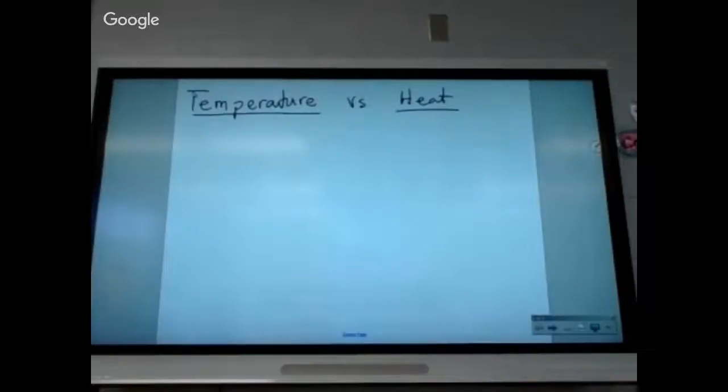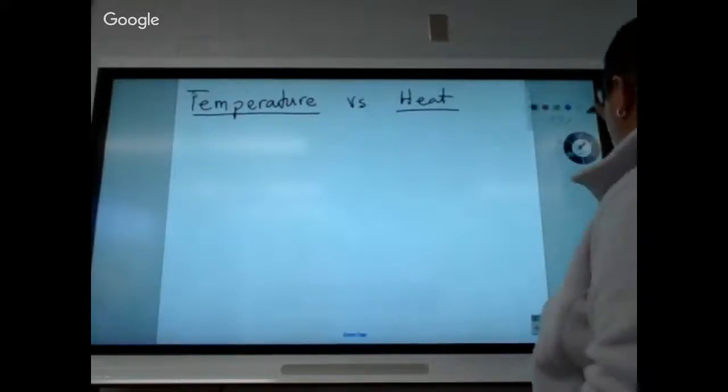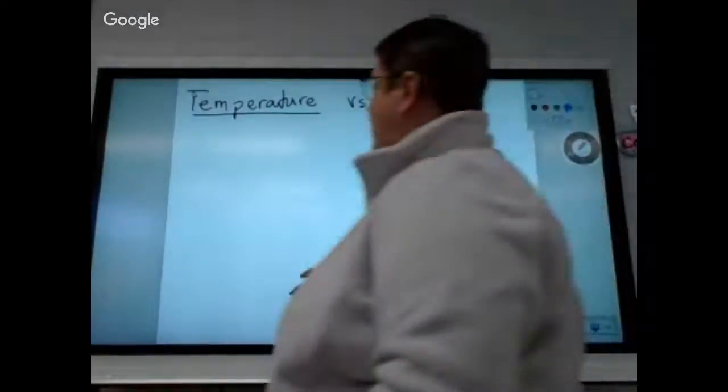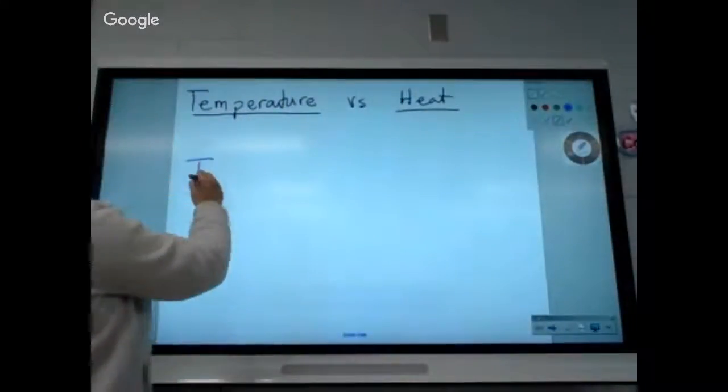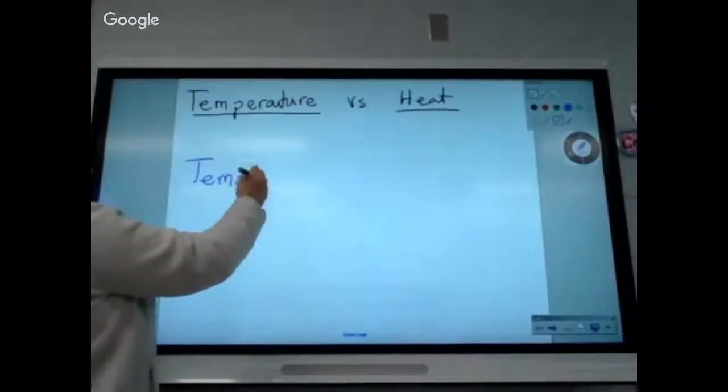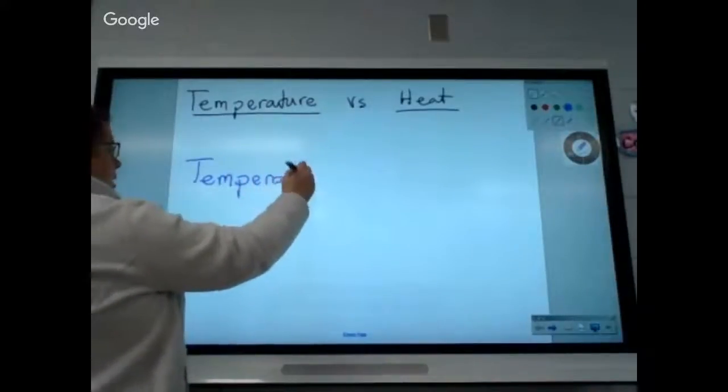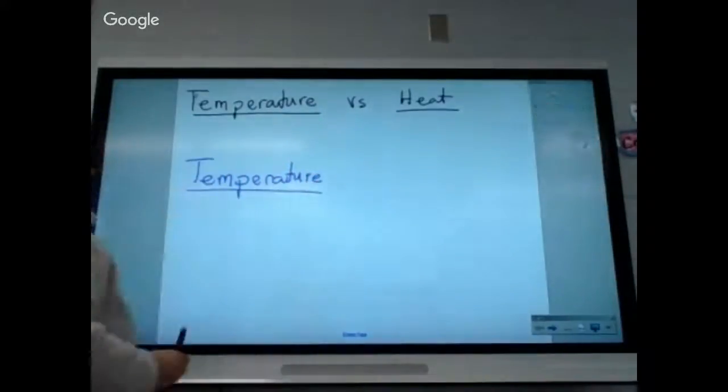For example, let's start with the definition of temperature, and then we'll talk about some units, and we'll talk about how we calculate it, and then we'll compare it to heat. So first of all, what is temperature?